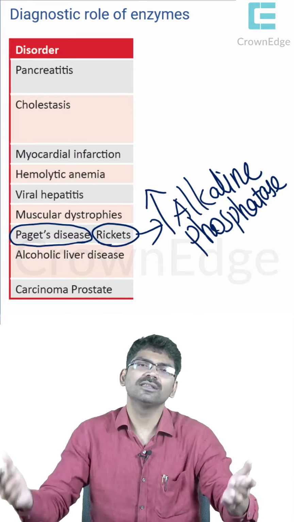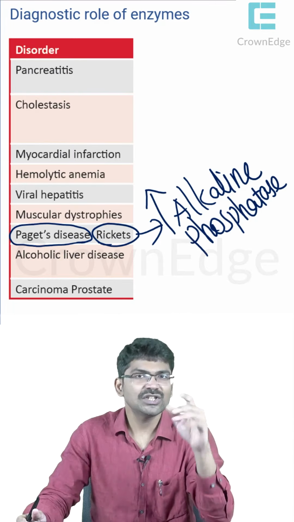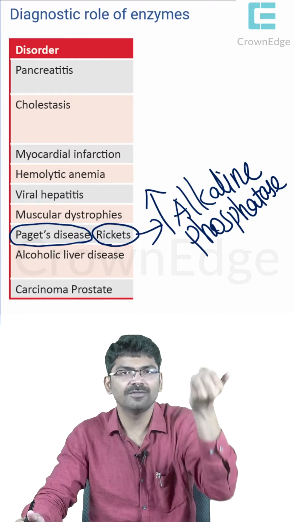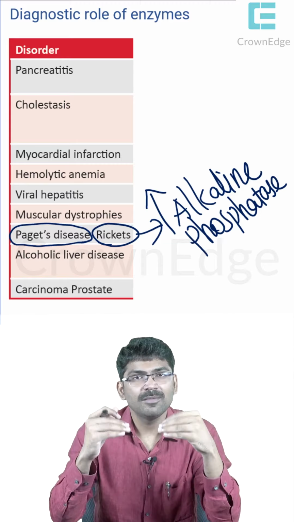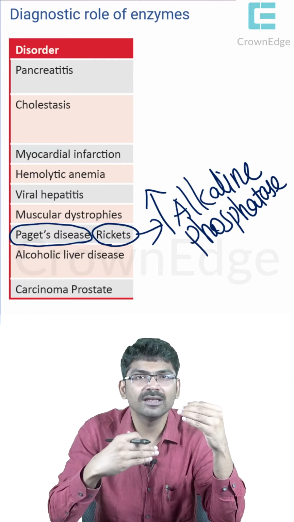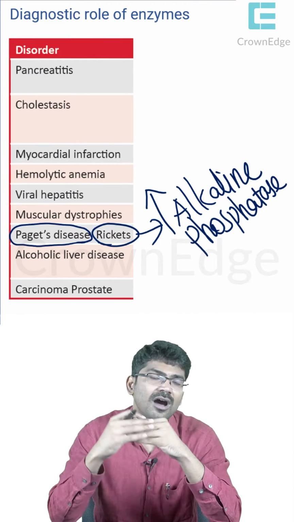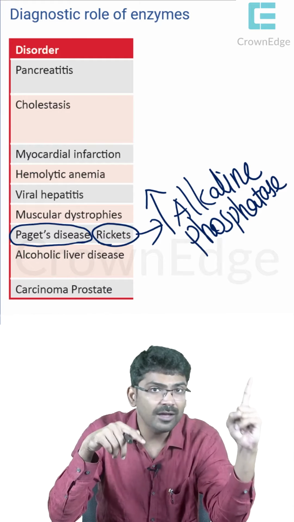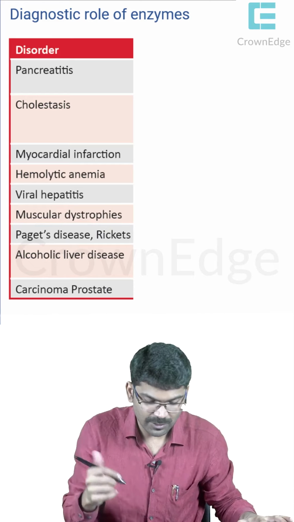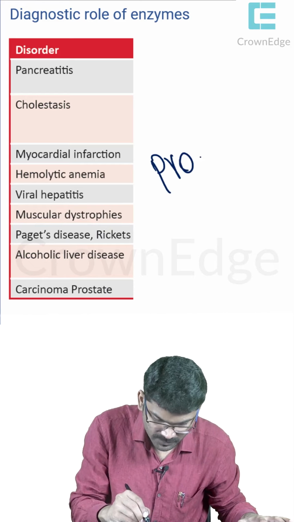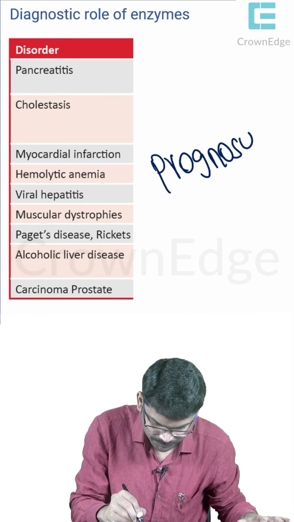So why do we measure these enzymes? There is a child with rickets with high alkaline phosphatase. You treat the child, then the enzyme level should go to the baseline. So the enzyme levels are not just used for diagnosis, they are also used for prognosis. Are you understanding the term prognosis? I hope you are.